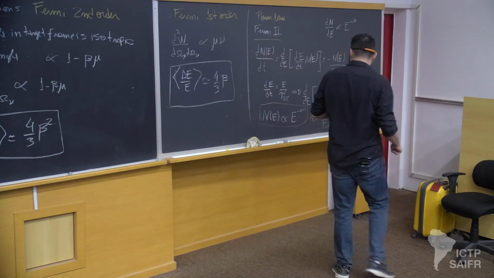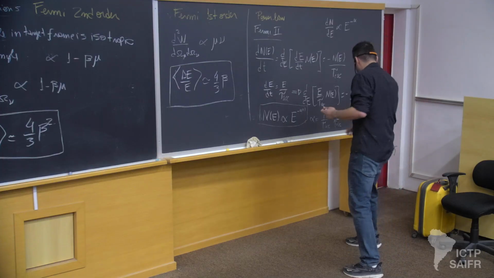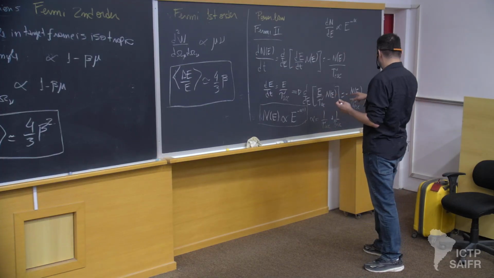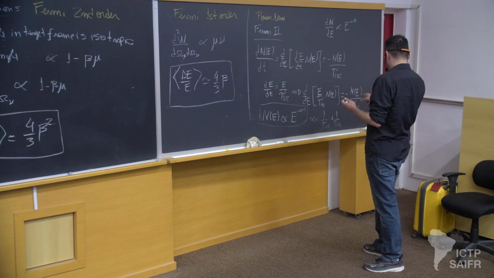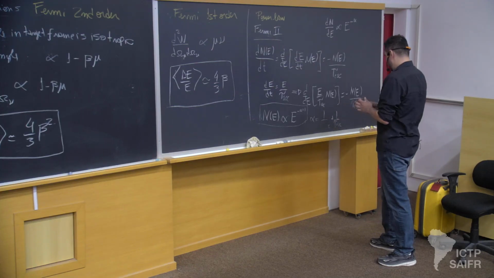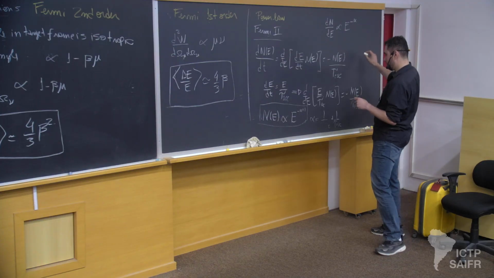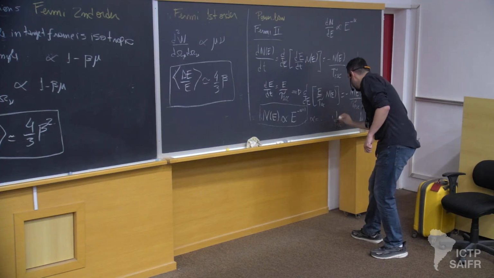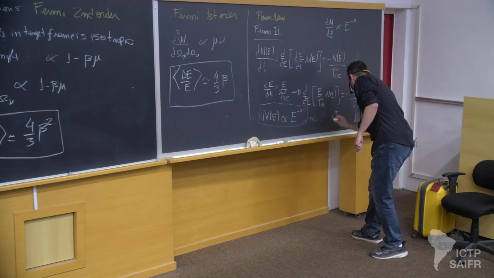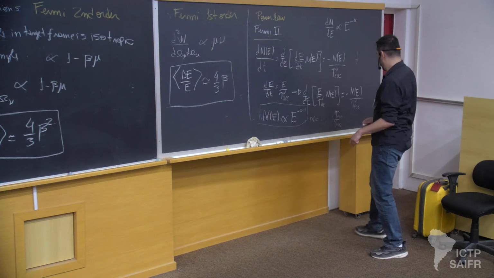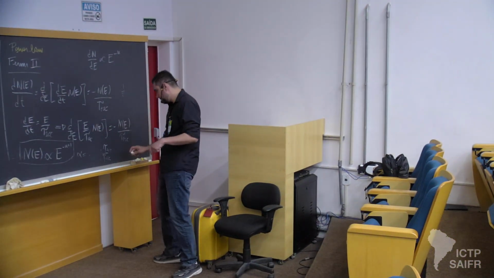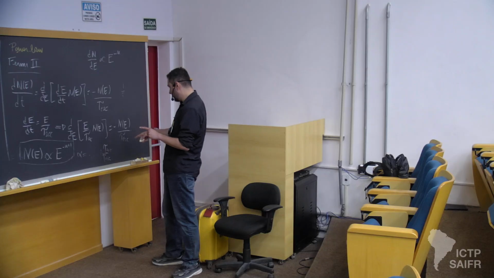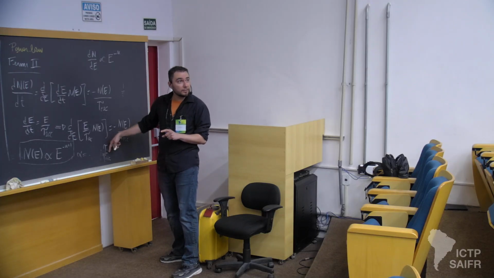So we have 1 over tau. Ah, yeah, sorry. Is this correct or not?